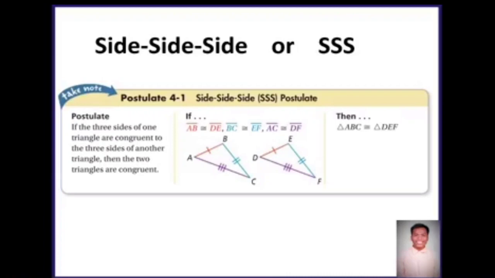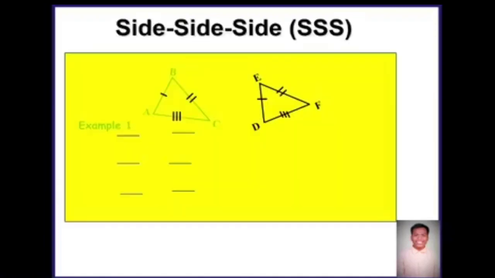So, as I have mentioned in the previous slide, for example, in triangle ABC and triangle DEF, if line AB, line BC, and line AC are congruent with DE, EF, and DF, then with three pairs of sides being congruent with each other, we can conclude that these two triangles are congruent. So that is what is meant by the SSS postulate.